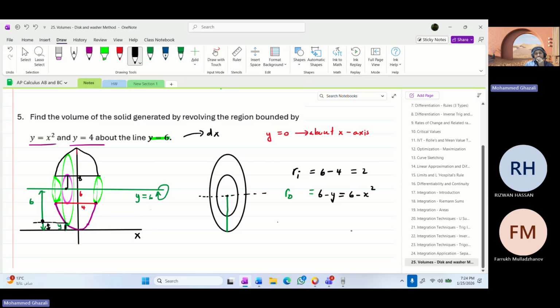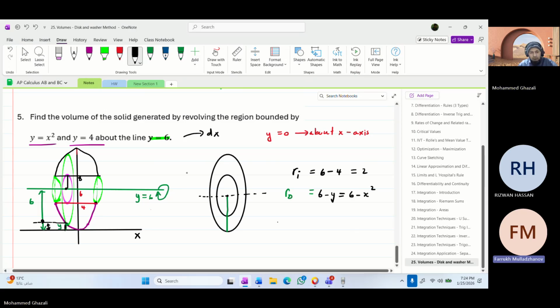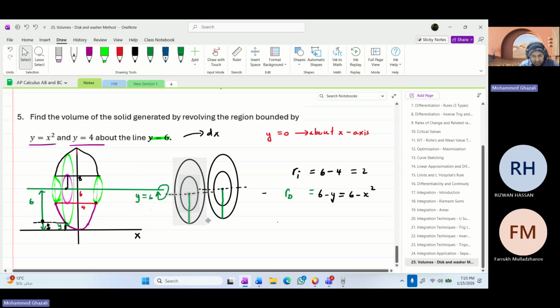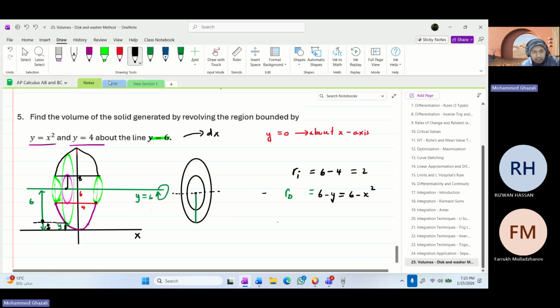Did you get that? You understand? Yes. I'm just lifting it just above the x-axis. It can't be 6 because it's sitting above.